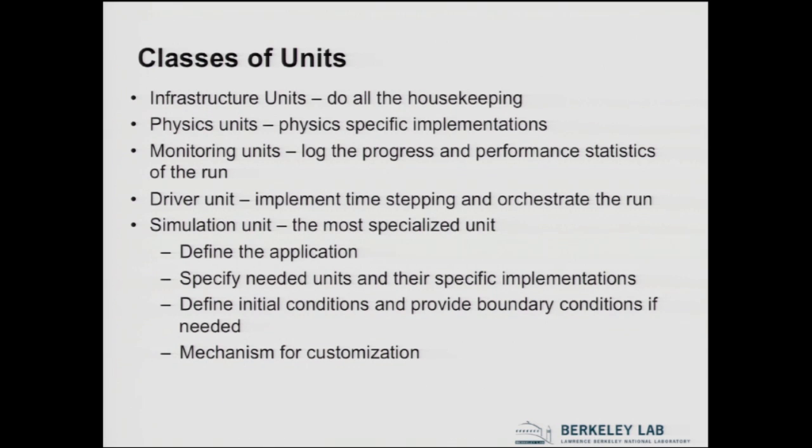When the configuration script starts to build an application, it first looks at the config file sitting in your setup directory, because that's where it starts to look for the physics or the infrastructure that it should assemble.